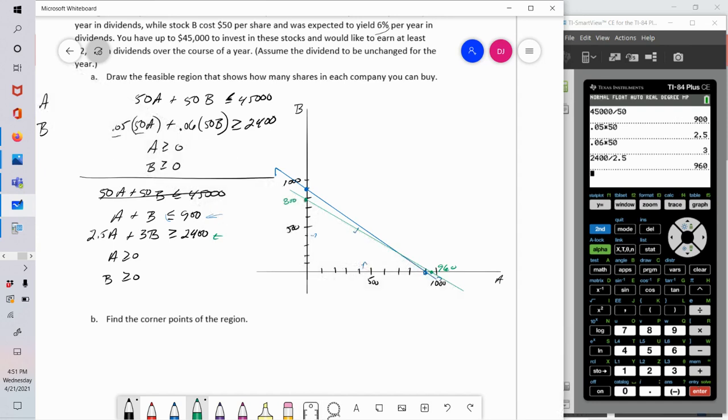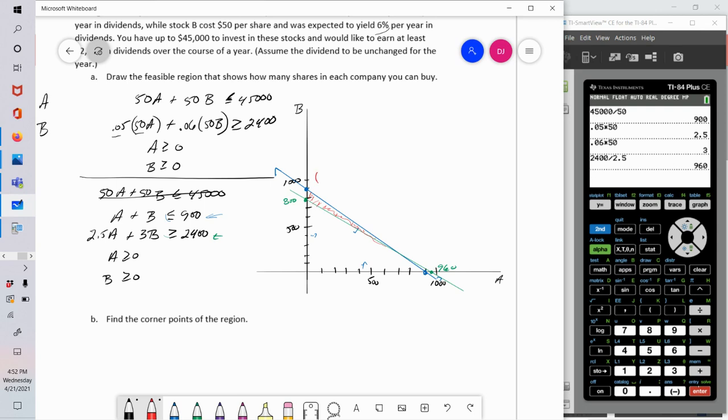So we get that green line there. But now, this is greater than. You notice if we put in 0 for A and 0 for B, we get 0 plus 0 is greater than 2400. That's not true. Therefore, we're shading away from the origin, and our region winds up being this tiny little sliver here.